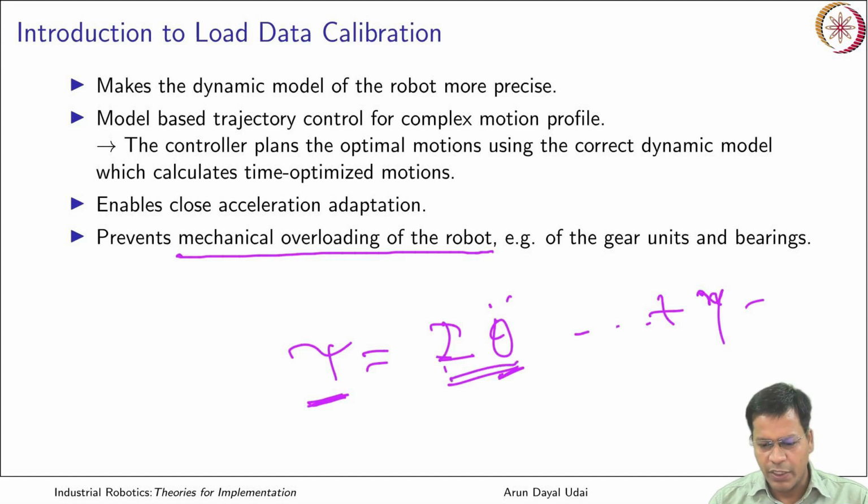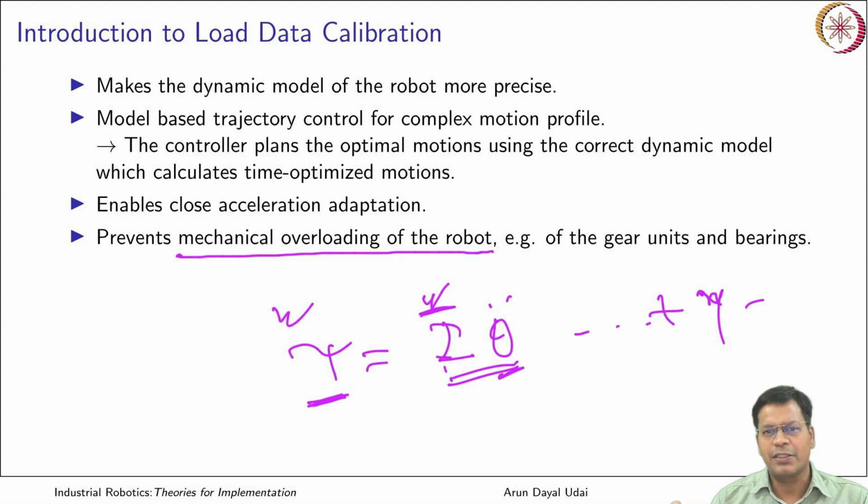If this is not precisely known, let us say we know it but not to the actual value, and the actual value is much higher when it is actually moving, that would cause more torque to come into the mechanical system, especially your links, your gear units, your bearings, each and every thing in your system.